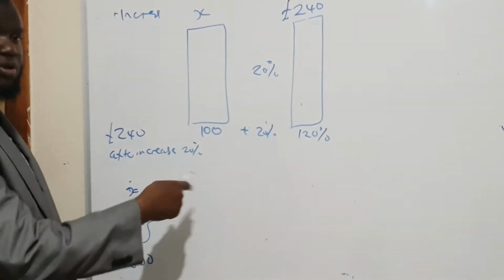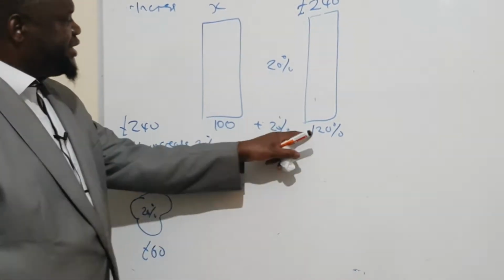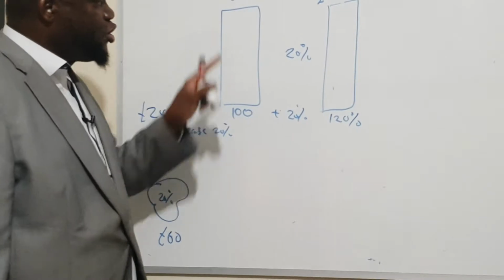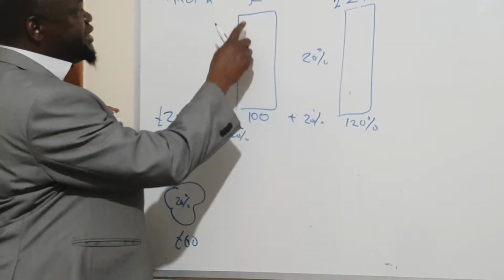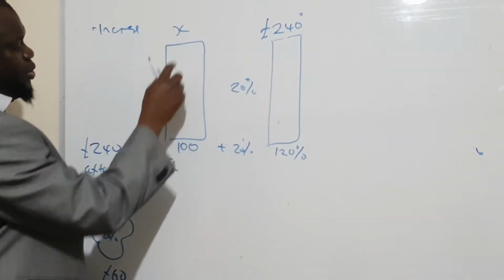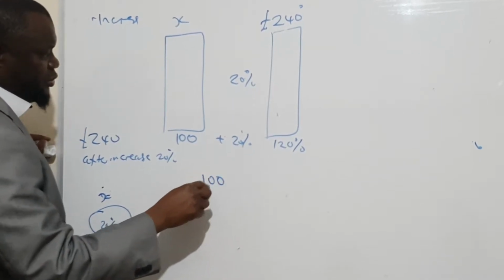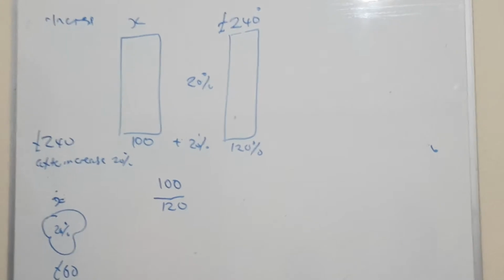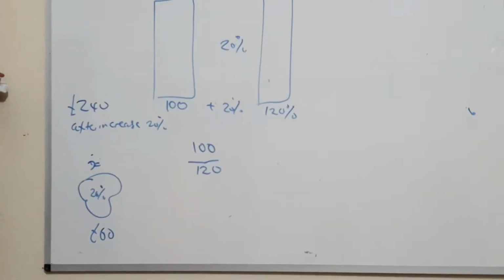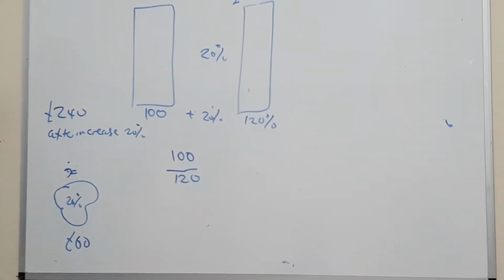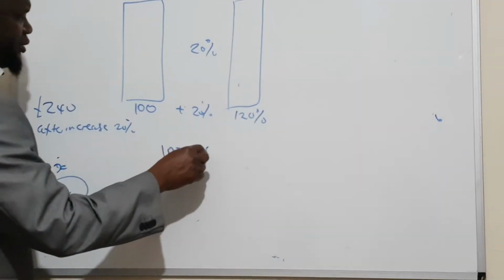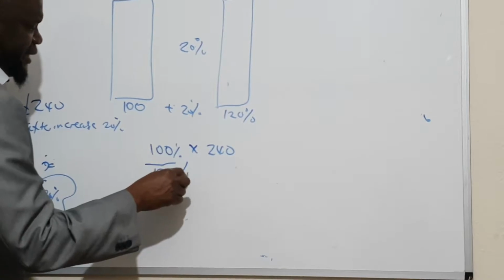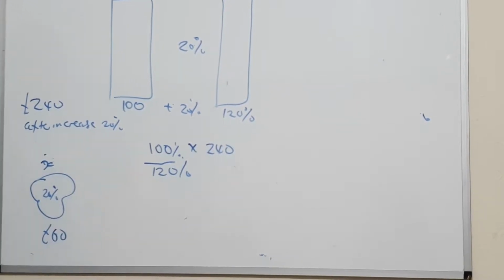So when you are doing the proportion, it should always be percentage over percentage, and price over price. The unknown on top. This is what you don't know. So the 100 will go up over 120, times the amount, that's the pound. So percentage over percentage times the amount.